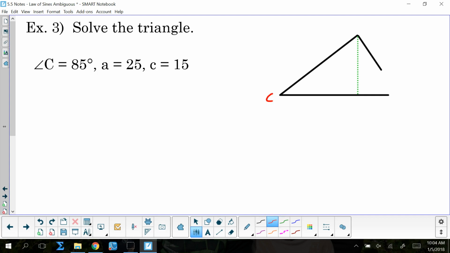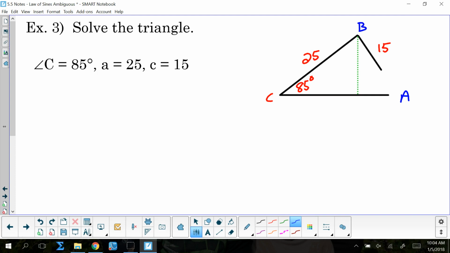Angle C here is 85 degrees. Side C is the opposite side, that's going to be 15. Side A is 25, which means this would be angle A and that would be angle B, or whatever letter you pick.